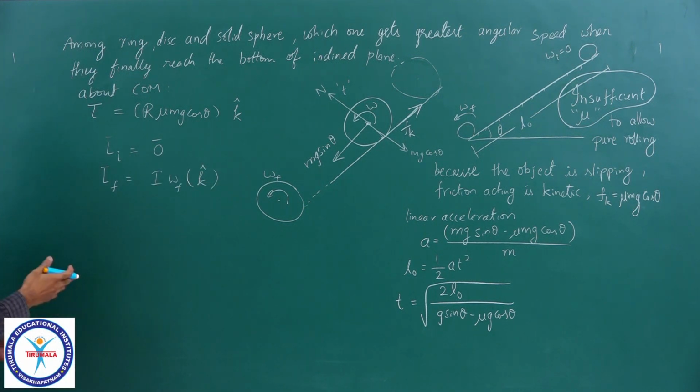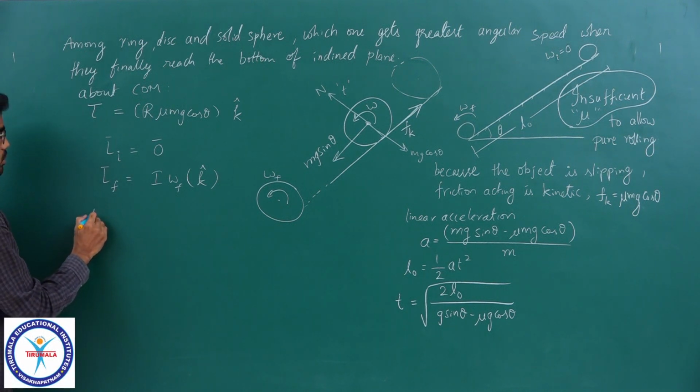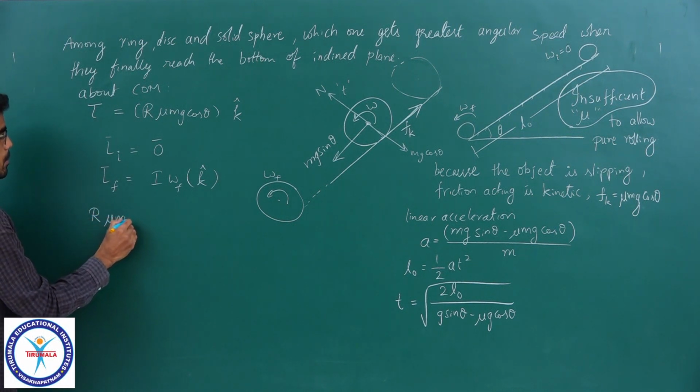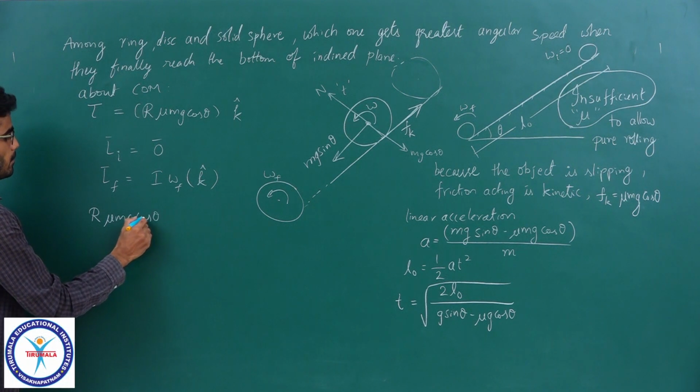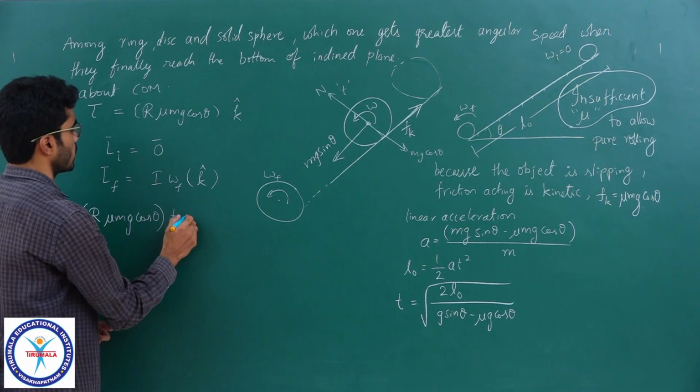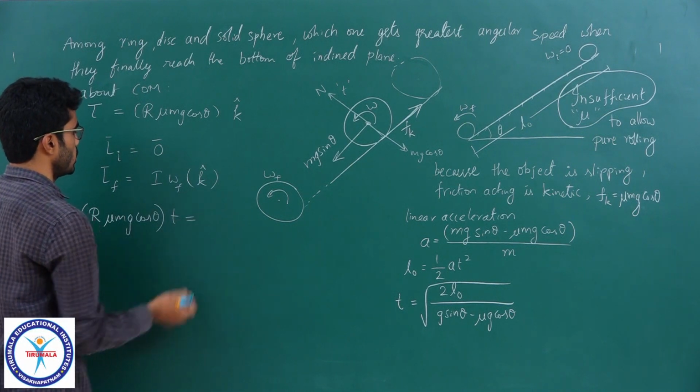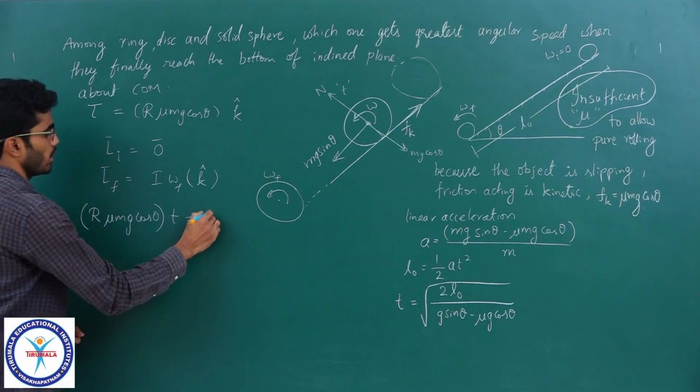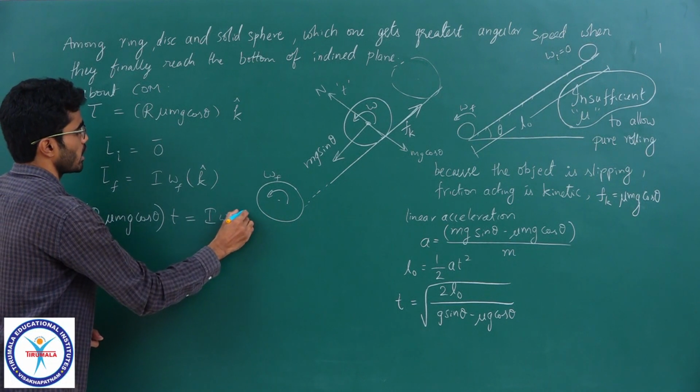So, from our equation, the angular impulse is equal to change in angular momentum. So, about center of mass you can write, because the torque is also constant, the torque into the time taken, we have already calculated the time taken, T equals final angular momentum minus initial angular momentum, which is 0.